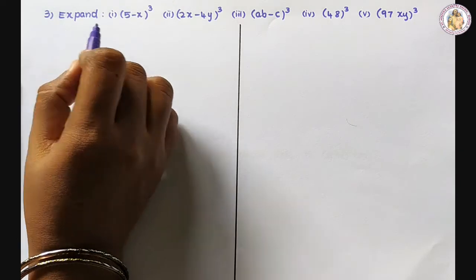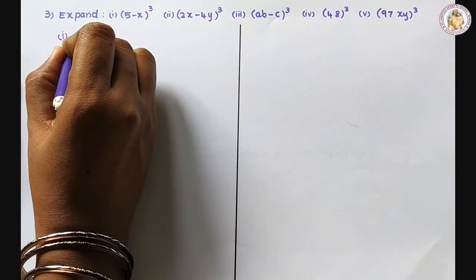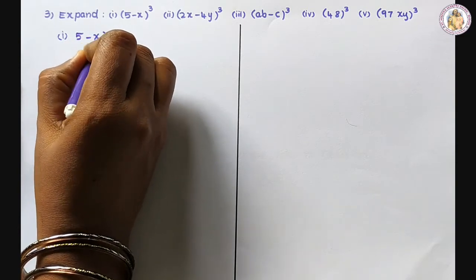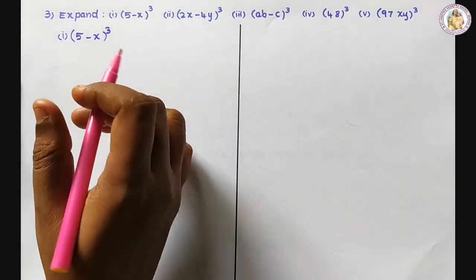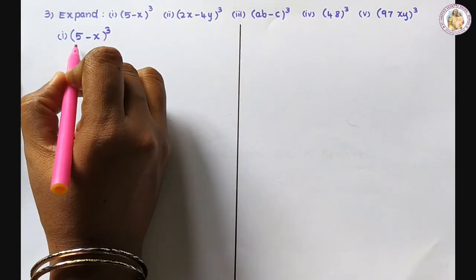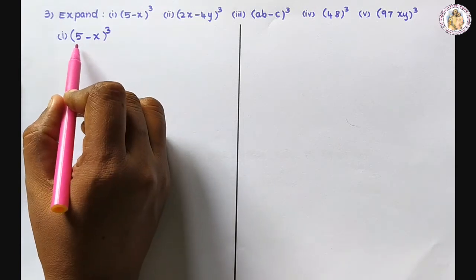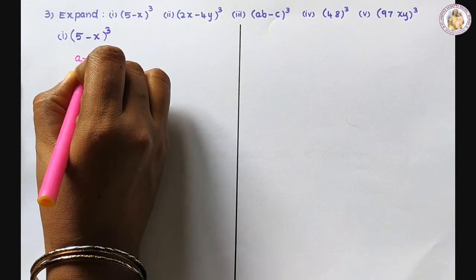Third question, expand. First subdivision, 5 minus x whole cube. Listen, that is in the format a minus b whole cube.